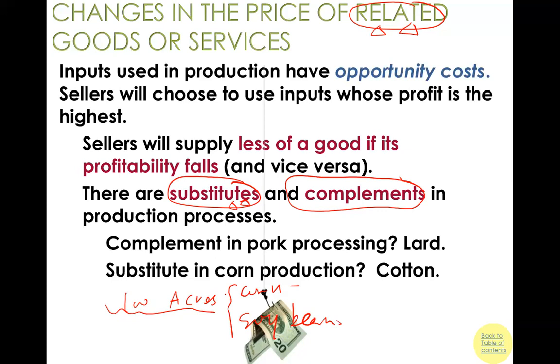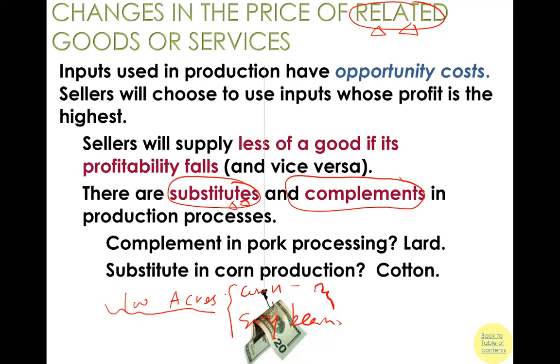I understand that in reality farmers alternate crops to reduce pests and reduce cost, but let's just think about economics. In each year they have two choices: they either produce corn or they grow soybeans. All right.